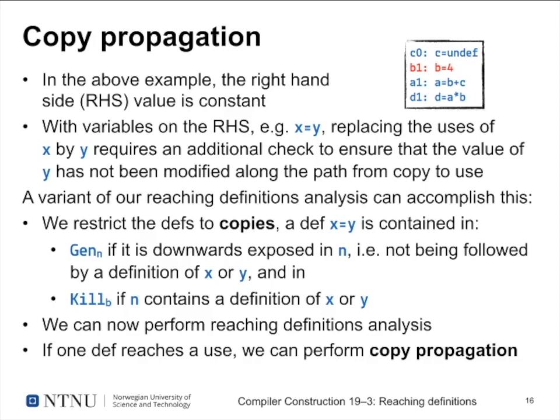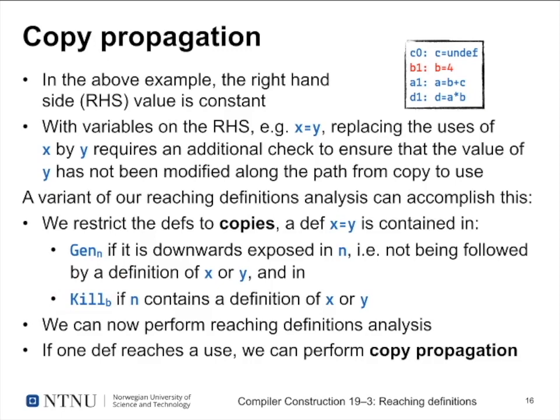When we restrict our definitions to copies, so we don't consider all defs but only copies of variables, a def x equals y is contained in our gen set if it's downwards exposed in n, so if it's not followed by a definition of either x or y, and it's contained in the kill set if our block n contains a definition of either x or y.